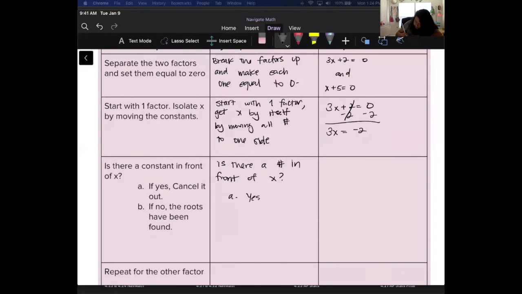Yes, cancel it out by dividing. No, we have an answer. And we're going to box it. Box or highlight it.